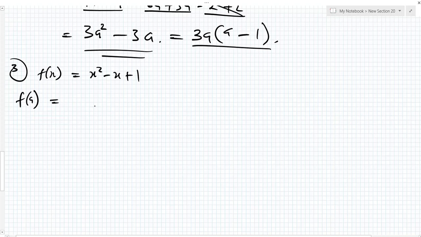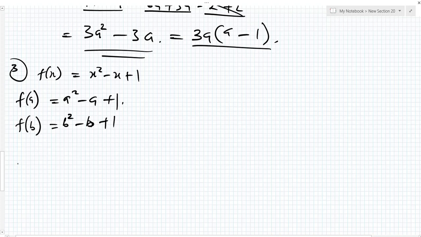F of a is equal to a squared minus a plus 1. So wherever I see x, I replace it with a. So f of b is just the same thing. Whenever I see x, I replace it with b. So I have b squared minus b plus 1.